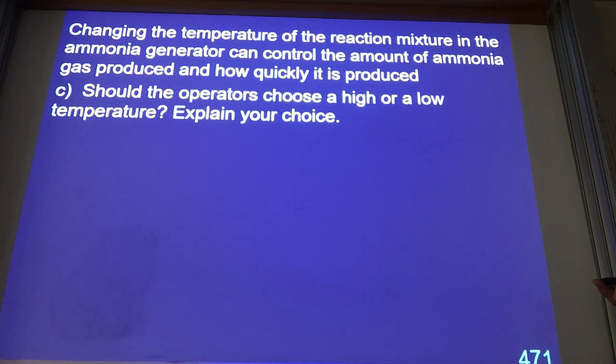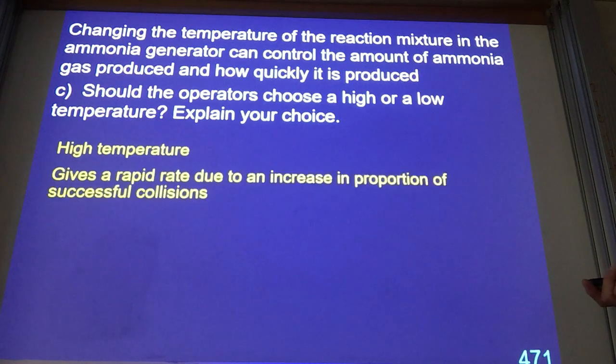What temperature favours a rapid rate? Because they talk about the amount and how quickly. We need to talk about equilibrium and rate. Explain your choice. Rapid rate due to an increase in the proportion of successful collisions.